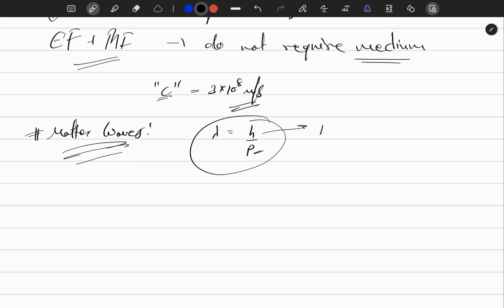This h is called Planck's constant, a universal constant, and p here is the momentum of the particle. We know that momentum is mass times velocity. So a particle whose mass and velocity are given has a wave associated with it.